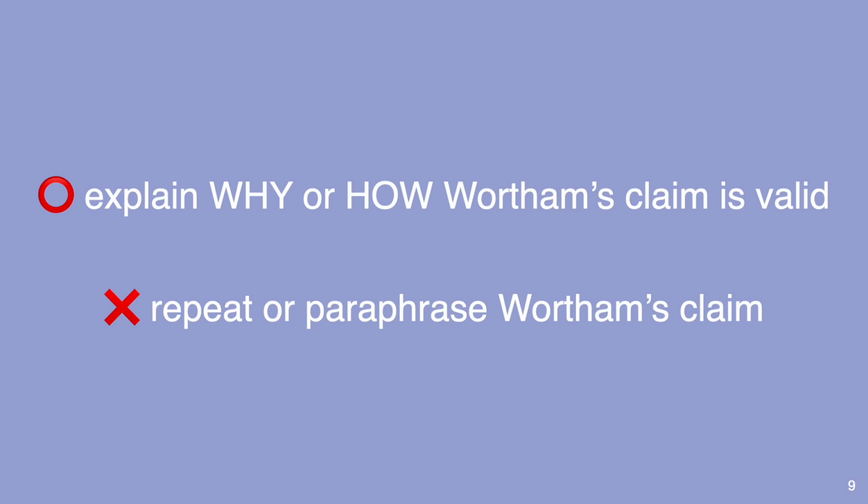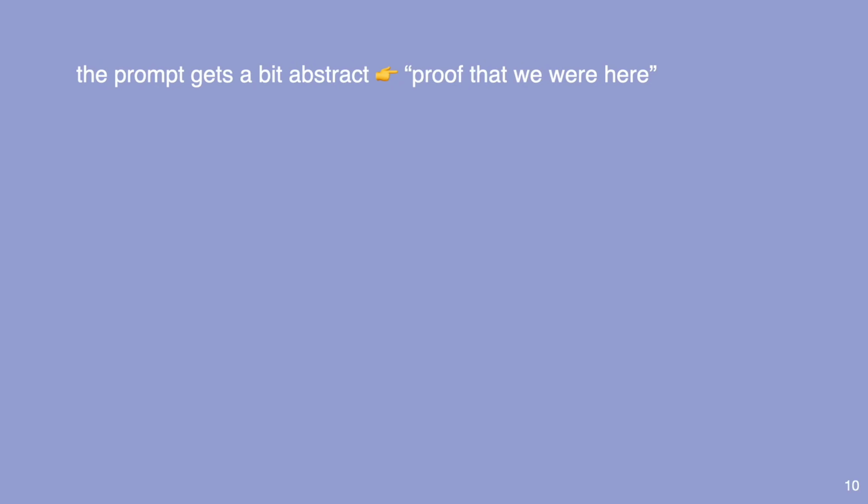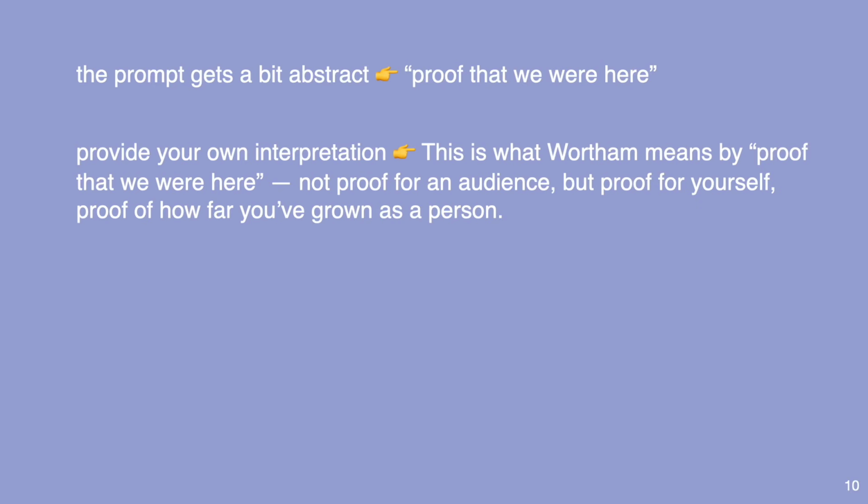You need to explain why her claim is valid. In particular, her claim that selfies are proof that we were here sounds a little bit abstract. And the longer version does a great job of explaining the writer's own interpretation. This is what Wortham means by proof that we were here.